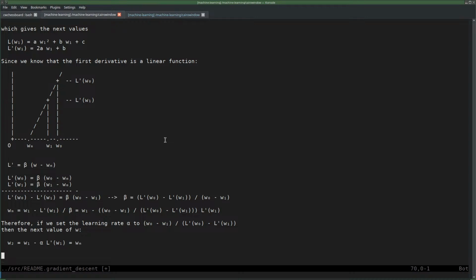So it would be more logical to talk about the difference in those two W values as a value that you have to add to W0 to get W1, which is W1 minus W0.